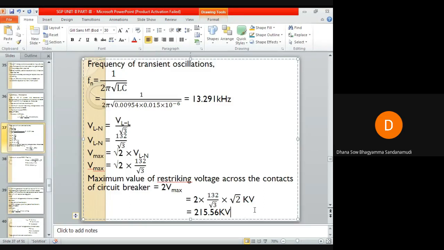Next, what is left is the maximum value of the rate of rise of restriking voltage. If you know the formula, no need to wait for me. Go on solving and type the answers in the chat box.